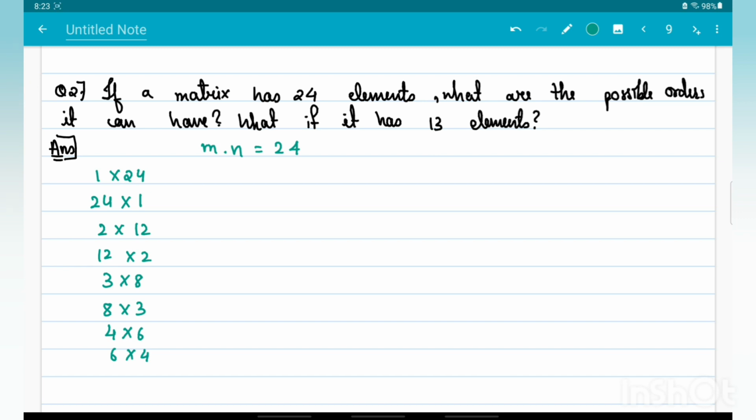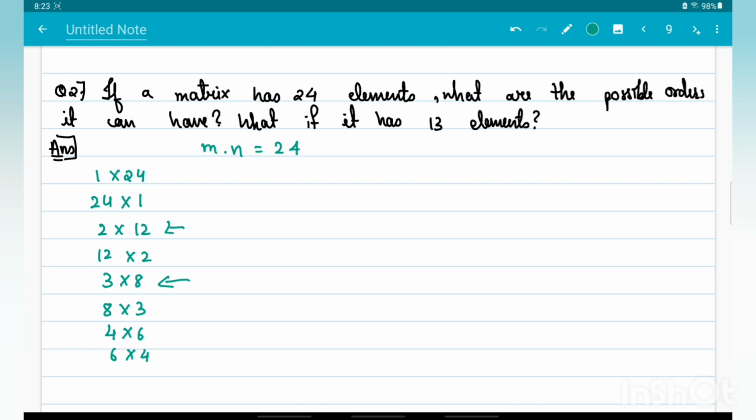These are the different ways in which we can multiply and write 24. So if you see, these are all the different possible orders that a matrix with 24 elements can have. It can have the order 2 by 12, or it can have the order 3 by 8. So these are the different arrangements of the order of matrices.